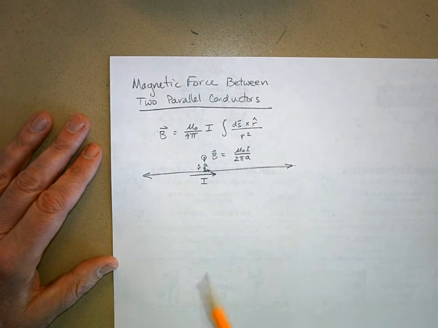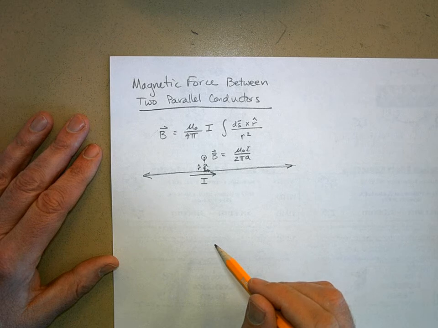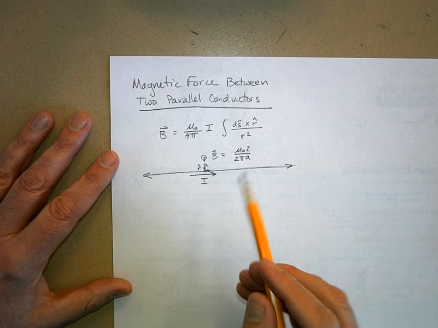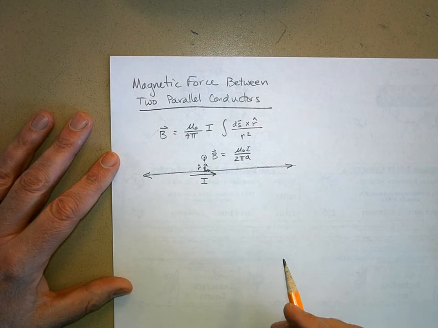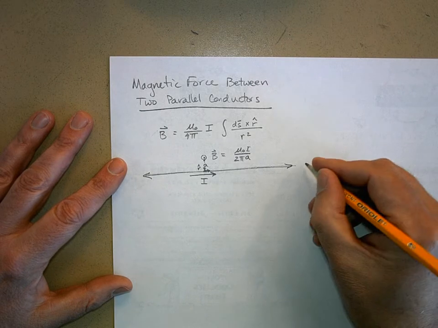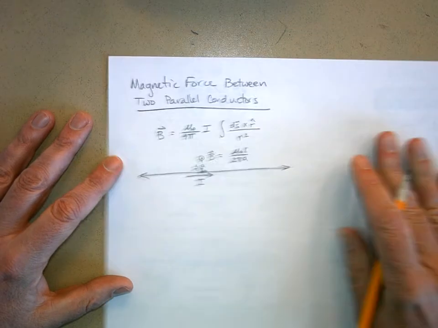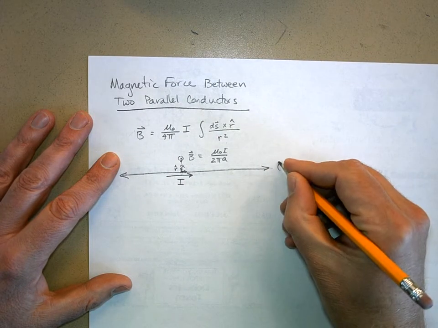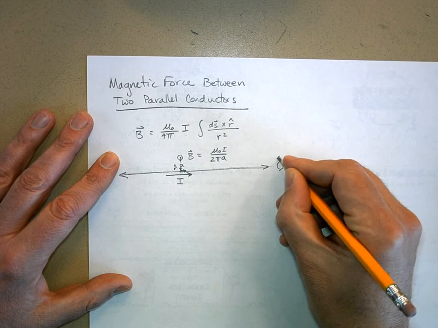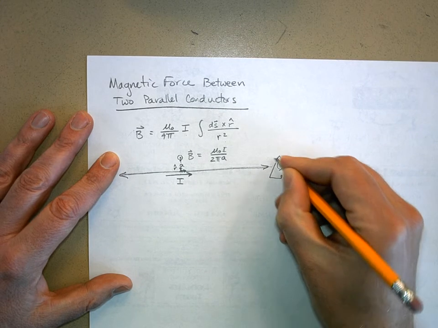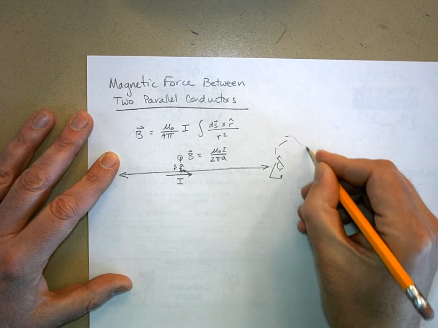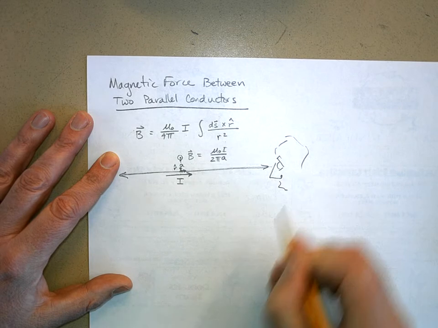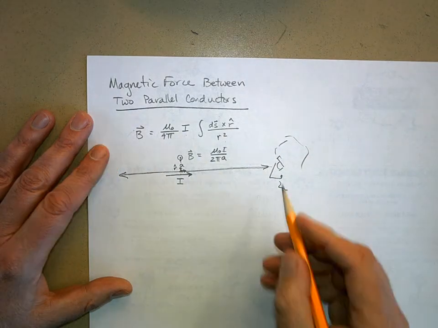Now I'm going to use this same idea, but I'm going to look at this wire in cross-section. I'm going to put my eyeball over here, and look at it from this perspective.